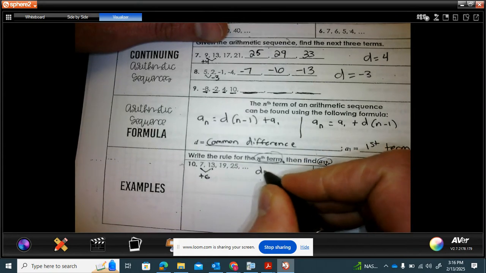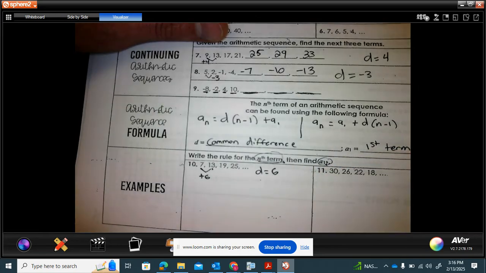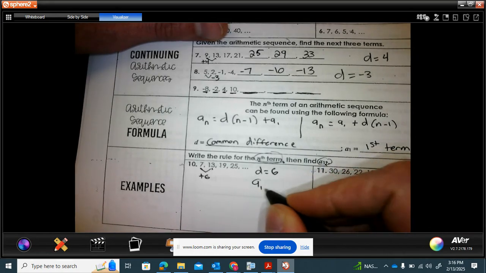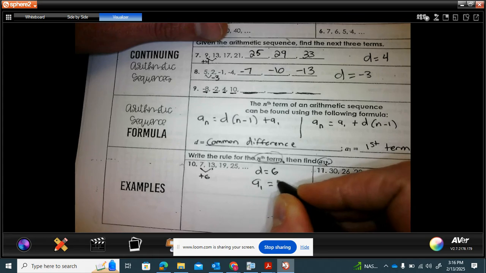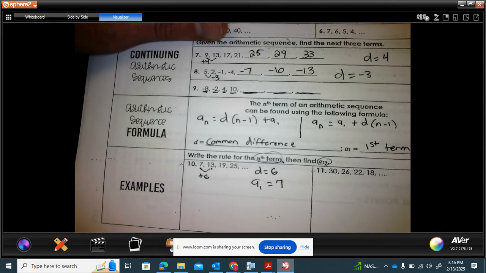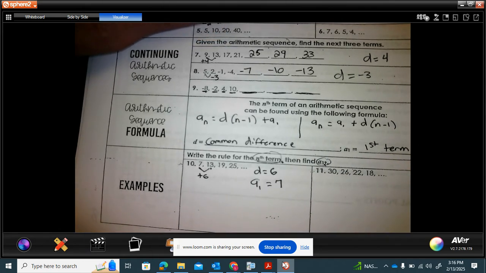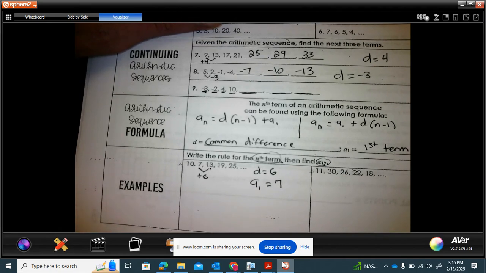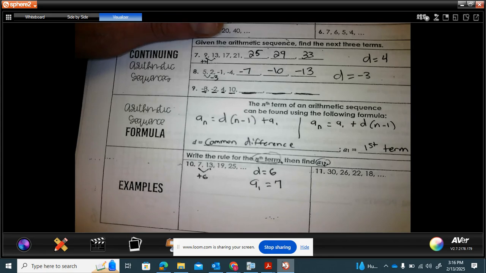And so therefore, the common difference, d, is equal to 6. And so the very first term in the sequence, A_1, is just equal to 7. So those two things we should be able to find very easily. The first term is just A_1, and we're going up by 6, so the common difference is 6.